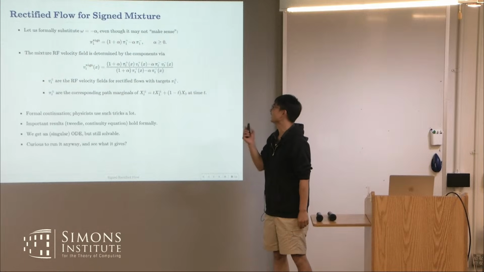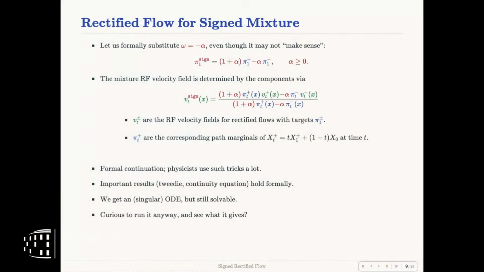Yeah, just make it negative. This is what I will do exactly. So I will simply plug in this negative value, and I flip the sign. I get the same formula, right?